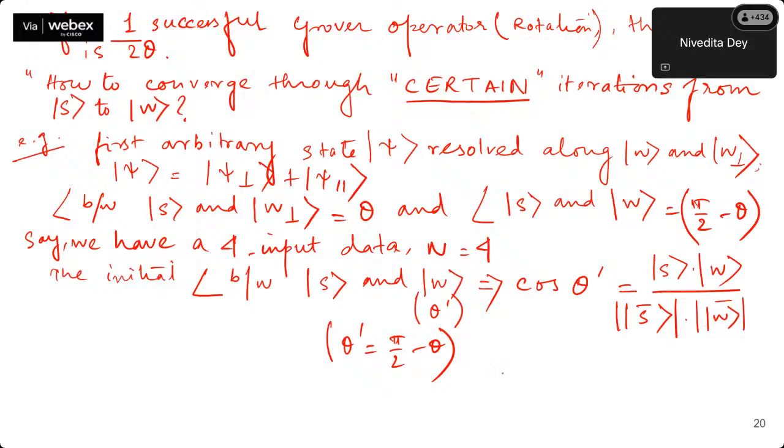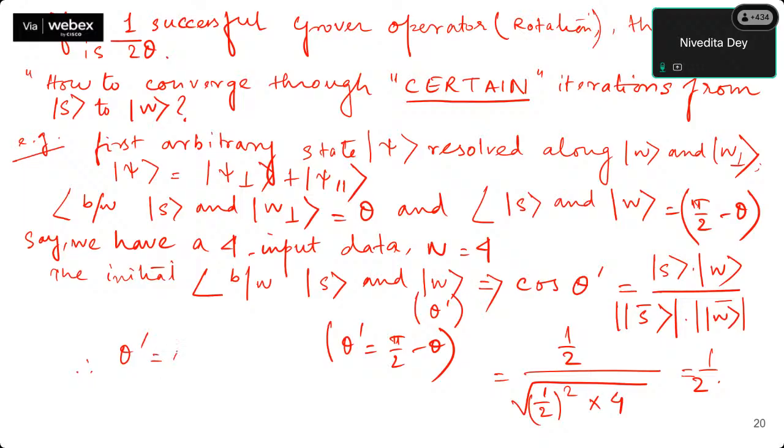So this numerator is nothing but half, and the denominator is root over half square plus half square plus half square plus half square for 4 input data, so half square into 4. So ultimately only the numerator remains, which is half. That means my cos theta bar is half.